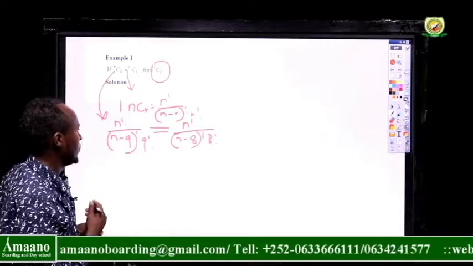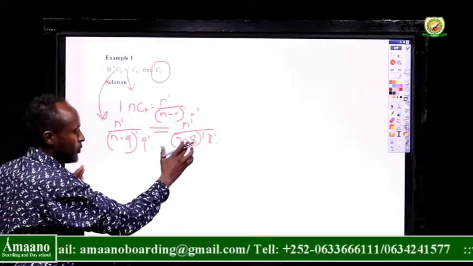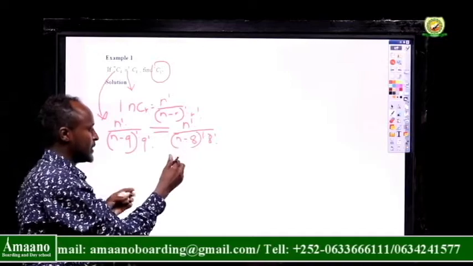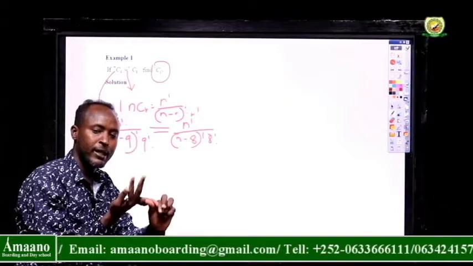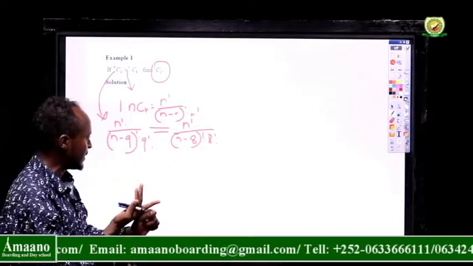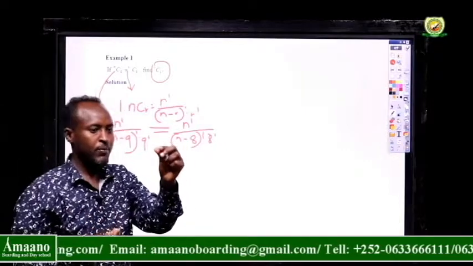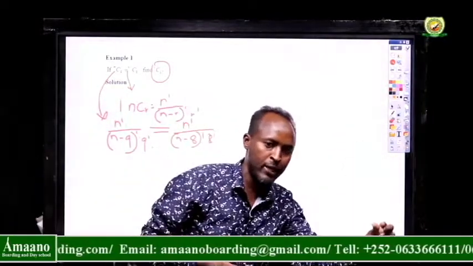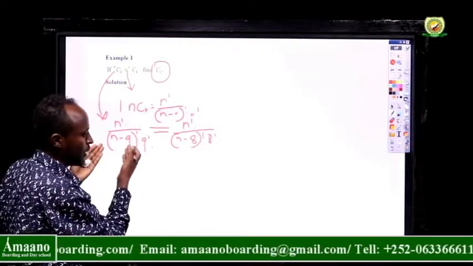Let's continue. We can simplify this expression. n minus 8 factorial can be simplified as n minus 8 times n minus 8 minus 1 factorial. Then you will get n minus 9 factorial.